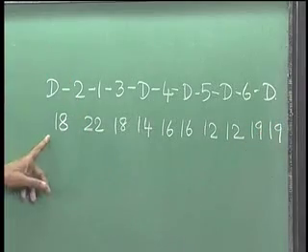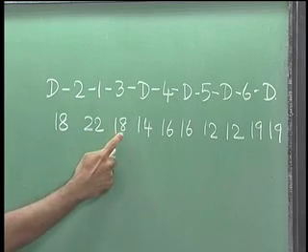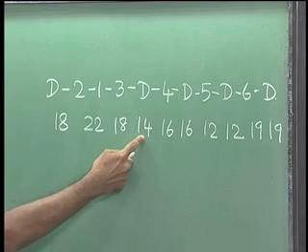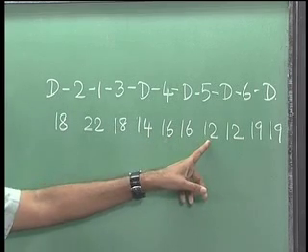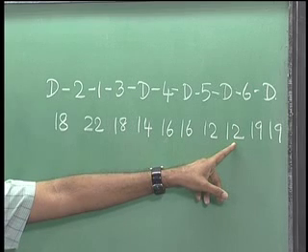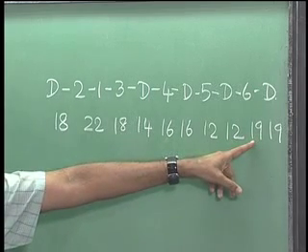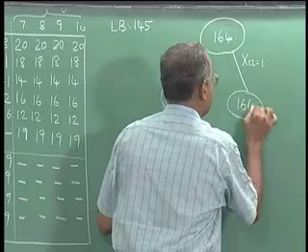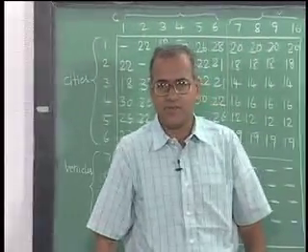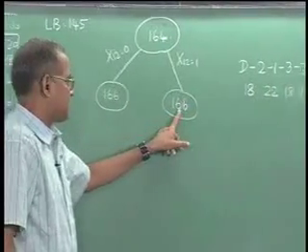So, the distance travelled would be 18 plus 22 is 40, 58, 72, 88, 104, 116, 128, 147 plus 19, which is 166. So, this is a feasible solution with value 166.